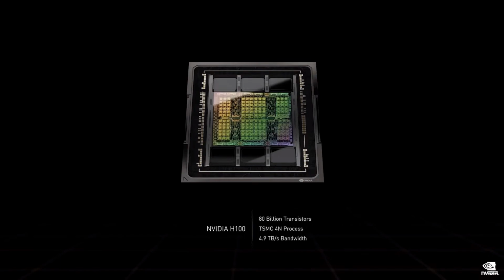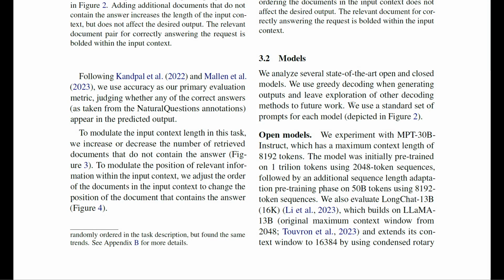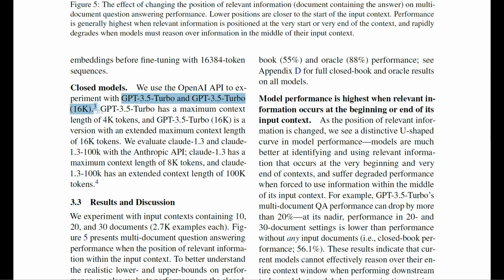The study investigates this phenomenon using a range of state-of-the-art open models such as MPT-30B, InstructSet, LongChat 13B 16K token, as well as closed models like OpenAI's GPT 3.5 Turbo and Anthropic's Claude.